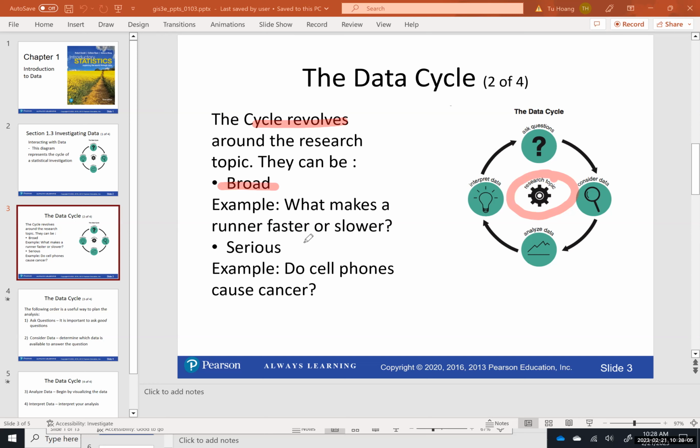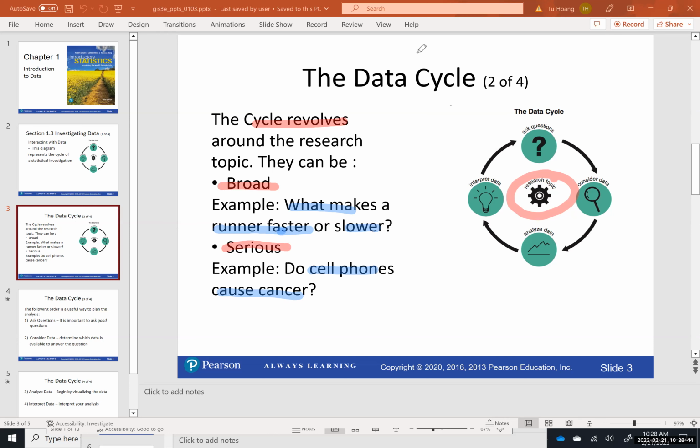For example, what makes a runner faster or slower, right? The second one is serious. So, for example, do cell phones cause cancer, right? So that is the cycle revolving around research topics.